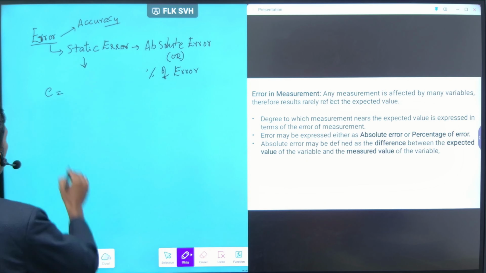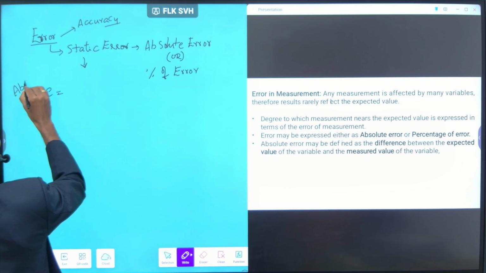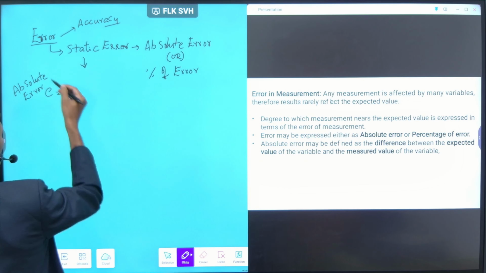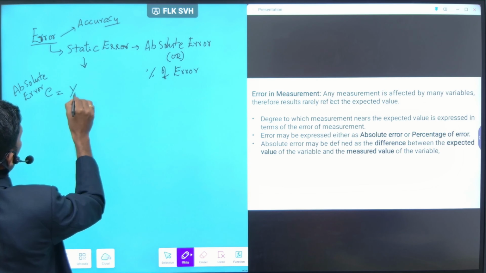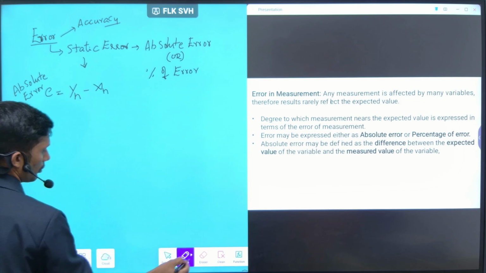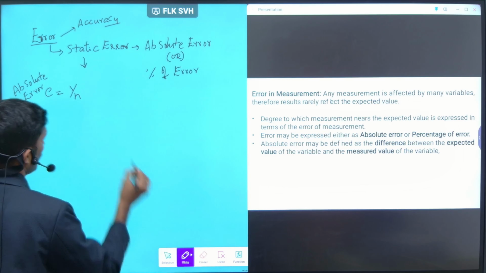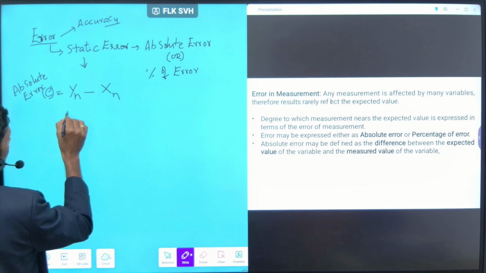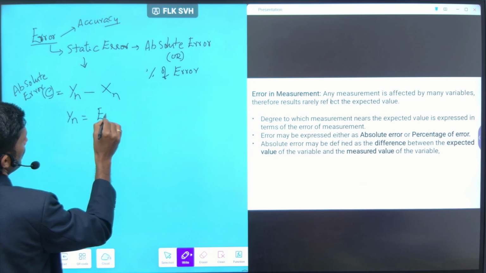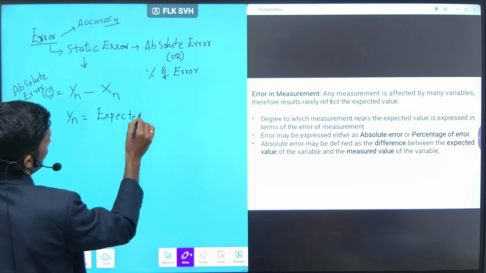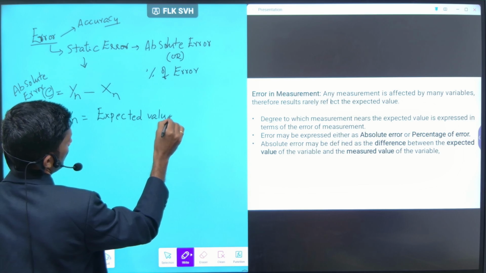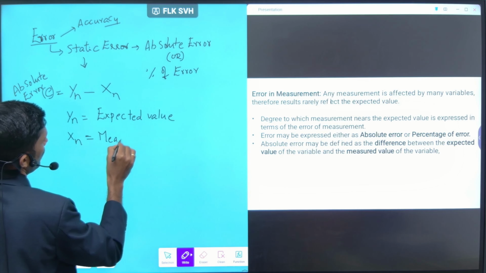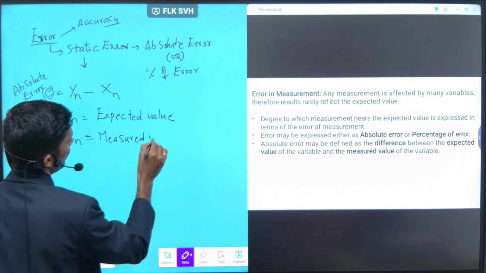Absolute error, small e, equals yn minus xn. Here small e is the absolute error, yn is the expected value, and xn is the measured value.